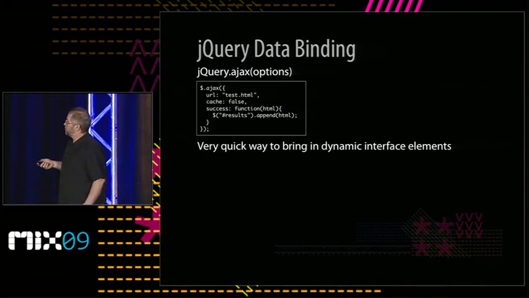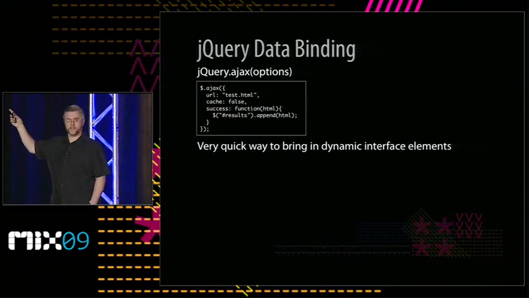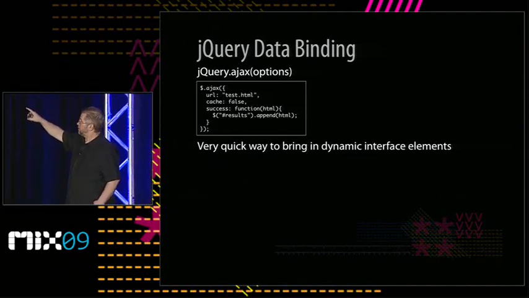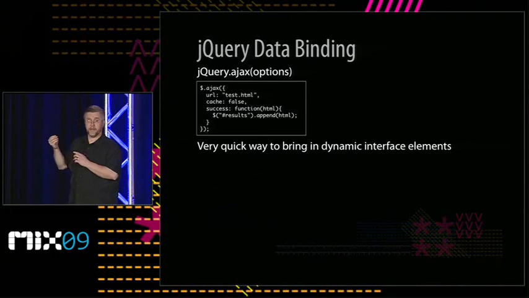So all I'm doing here is saying, go fetch something on my server called test.html. And when it's successful, it's got this function. And what I'm getting back, I'm calling HTML, just a variable HTML. And then what I'm doing is saying, inside that, find something that's got a #results, because I know that my HTML that's going to contain this has it.